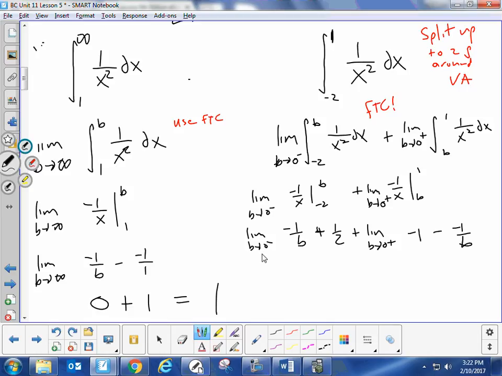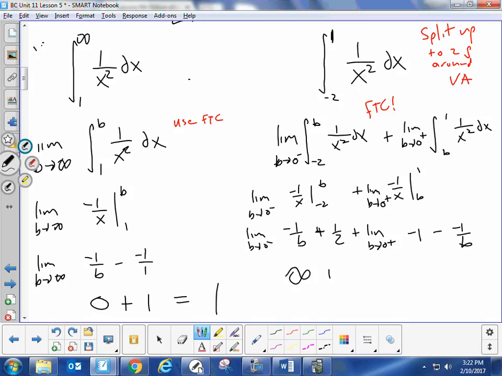Now we're plugging in an extremely small negative value for b here. If I divide it into -1, what do I get? -1 divided by some extremely small negative value. A huge positive value.